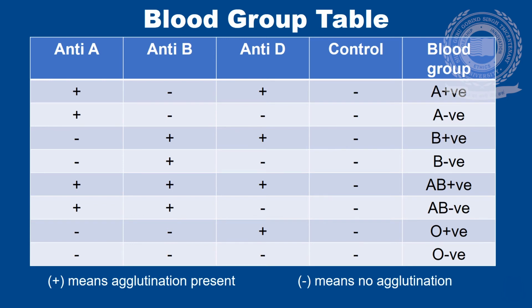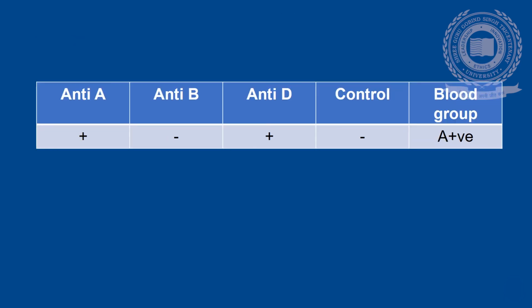For example, in the very first row, anti-A is plus, anti-B is minus, anti-D is plus, control is negative in all the slides. Therefore, we infer that the blood group is A positive.